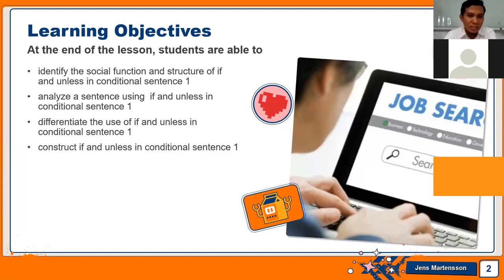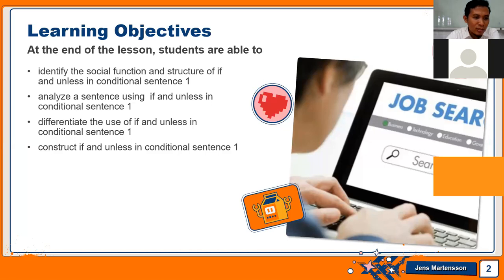At the end of this lesson, students are able to, number one, identify the social function and structure of if and unless in conditional sentence type 1. So we focus only on conditional sentence type 1, not type 2 or type 3. And then analyze a sentence using if and unless in conditional sentence type 1.